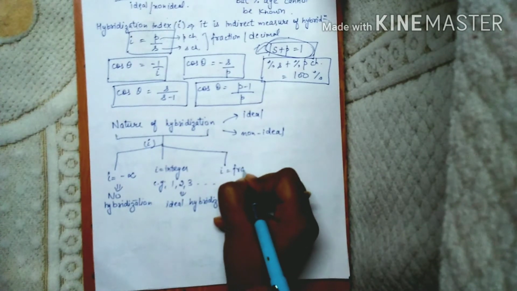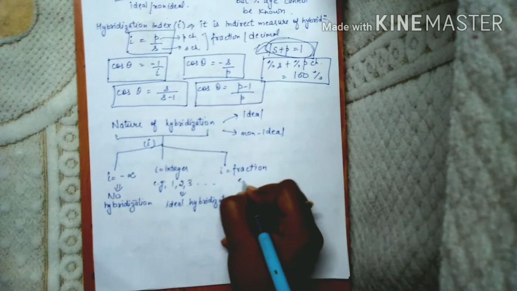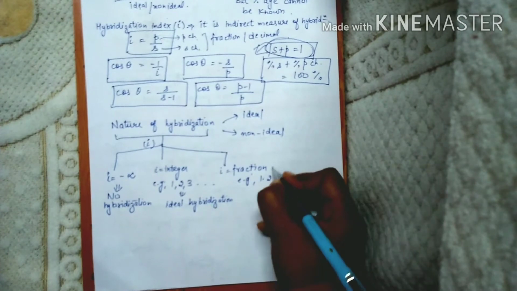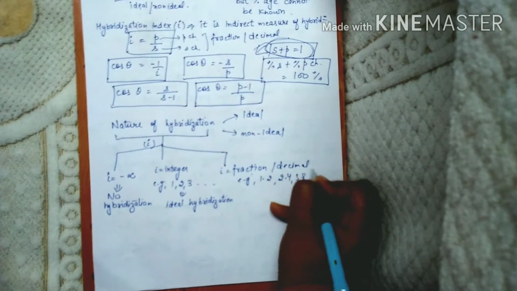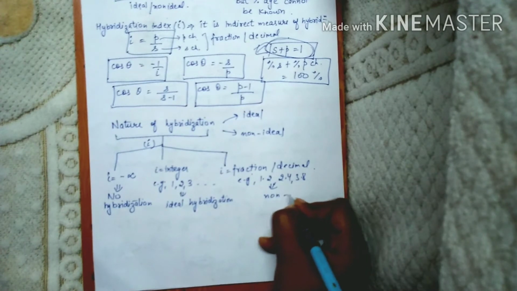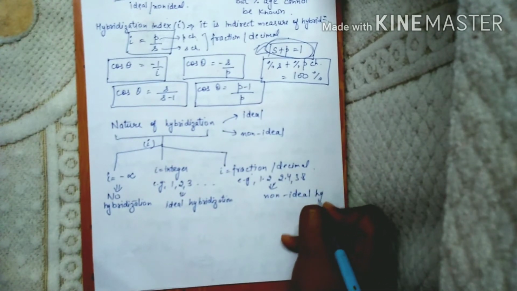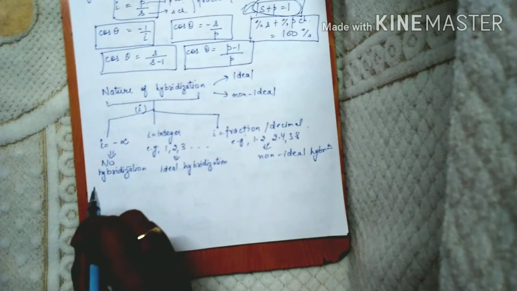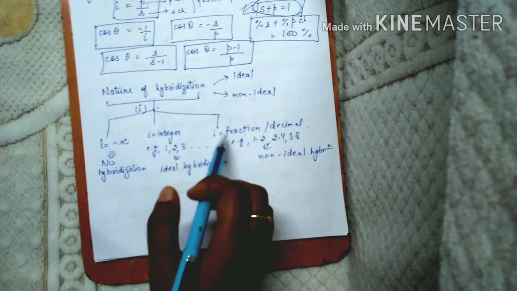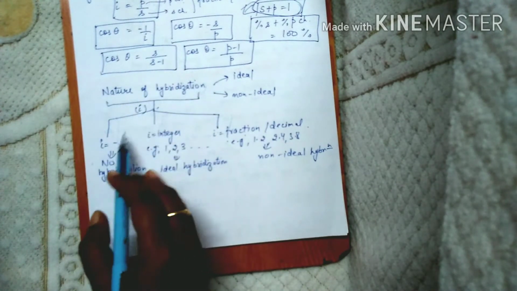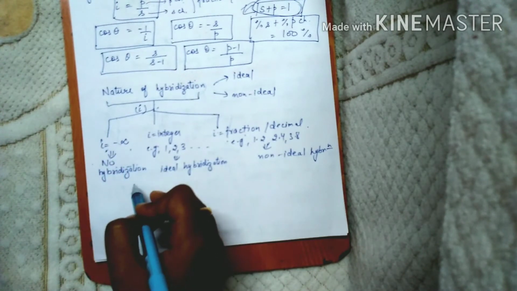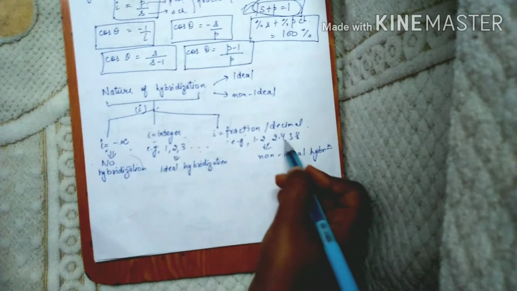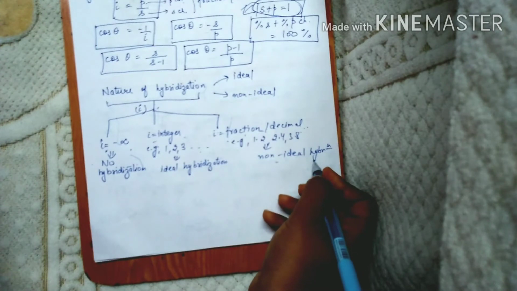If i is a fraction, for example 1.2, 2.4, 3.8, fraction or decimal you can say, then this is non-ideal hybridization. So these are the factors on which you can divide the nature of hybridization. If i is equal to minus infinity, the orbitals are not hybridized. If i is any integer, then it is ideal hybridization. If it is a fraction or decimal, it is non-ideal hybridization.